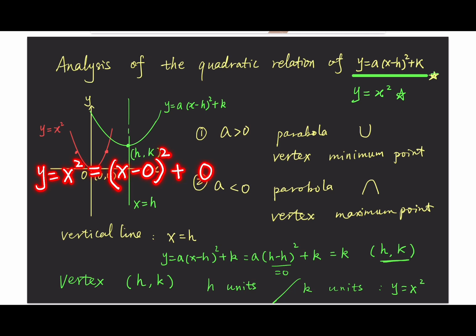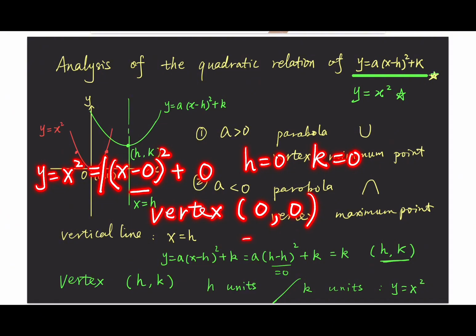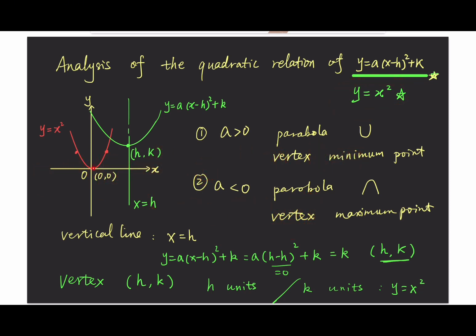Here, a can be regarded as positive 1, so the vertex can be figured out: h equals 0, k equals 0, so (0, 0). This point is the vertex of the basic quadratic relation, and this vertex is just the origin in the Cartesian plane.